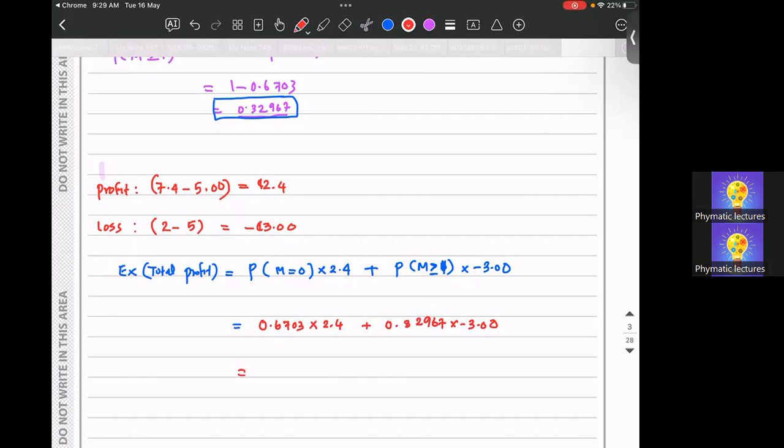If you add this together, we will get 0.6197 pounds. So the expected profit is 0.6197 per 4-meter cloth.